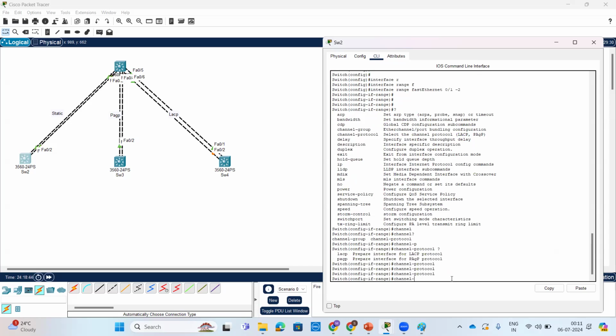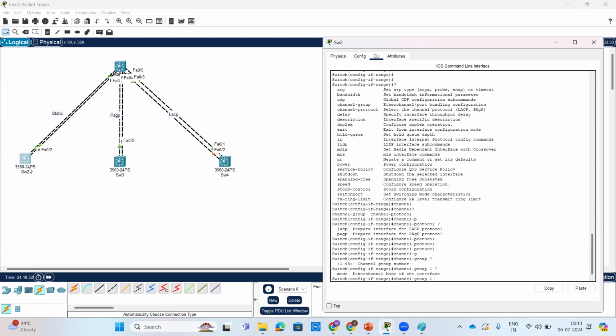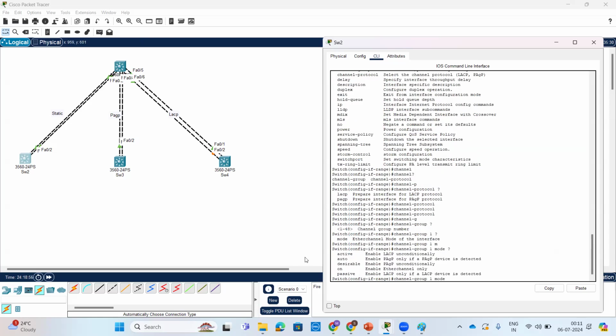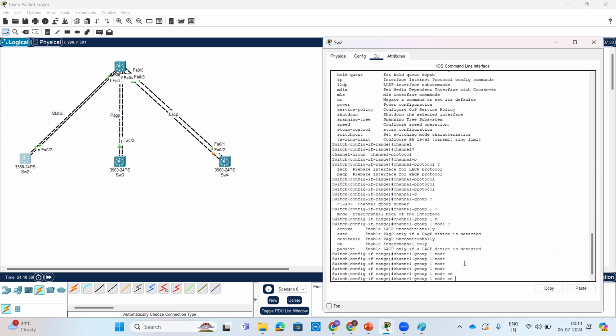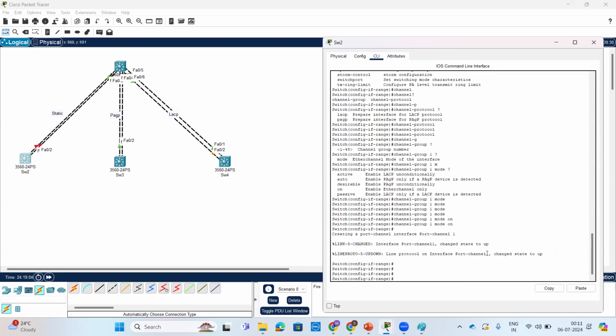I don't want a protocol, so channel group is 1 here, and here also 1, and mode is on. I'm doing it statically. Now the port channel is created.